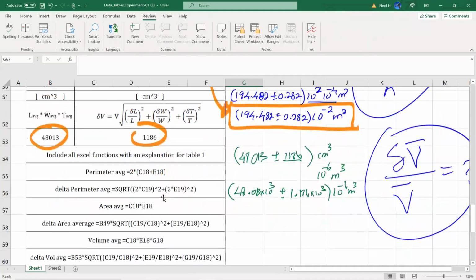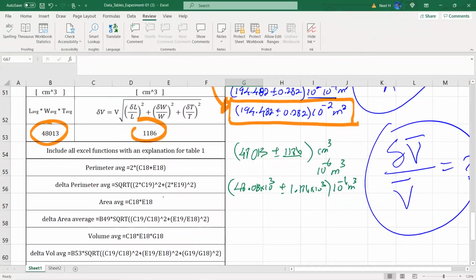Let's do a little bit of adjusting there. I have 48.013 plus or minus 1.186 close bracket 10 to the power 3, 10 to the power negative 6 meter cube, which means 48.013 plus or minus 1.186 close brackets 10 to the negative 3 meter cube.